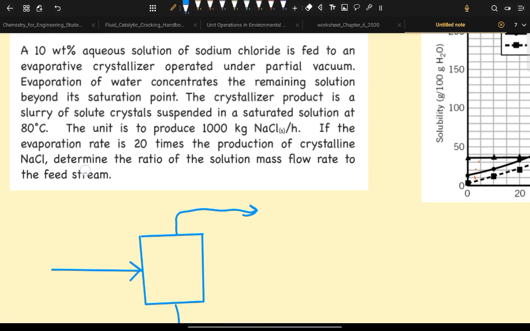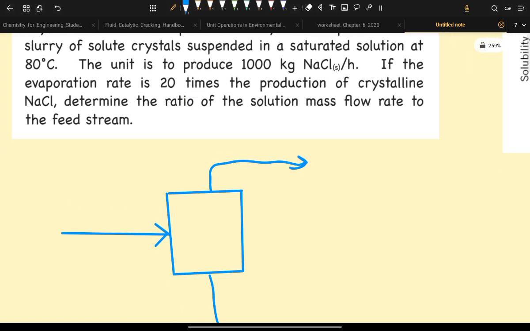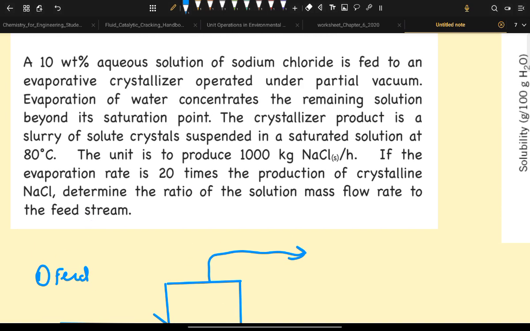Okay, there are two things here. First, we have the feed itself, because it says 10% aqueous solution of sodium chloride.